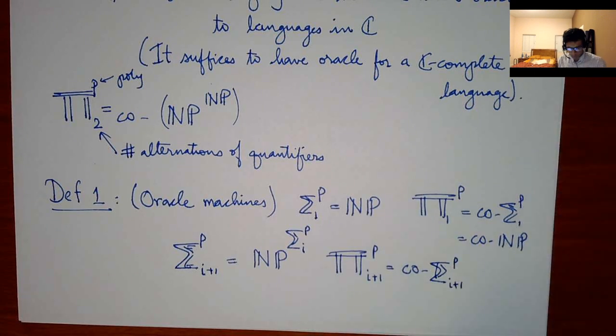Of special significance are usually sigma 2 and pi 2, which will often appear. There are even some problems in sigma 3 and pi 3 which appear naturally, and I'll probably have this in the assignment. There's a very common concept in machine learning called the VC dimension, and if you look at the complexity of finding the VC dimension, it ends up falling in sigma 3.